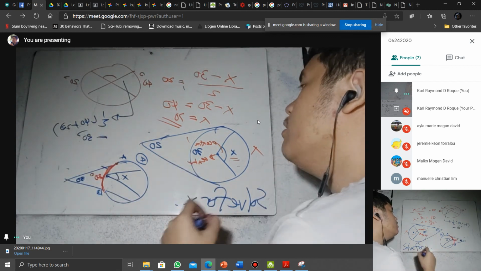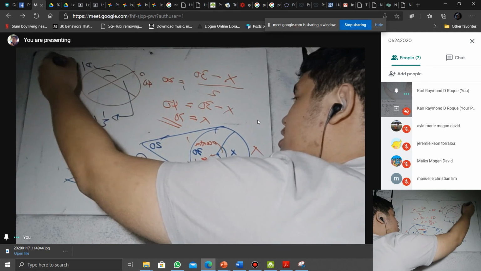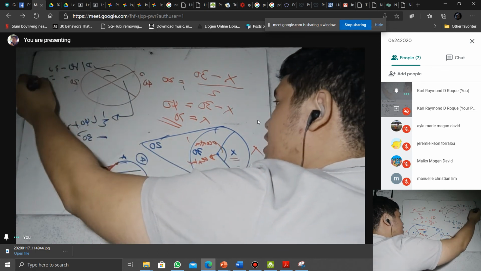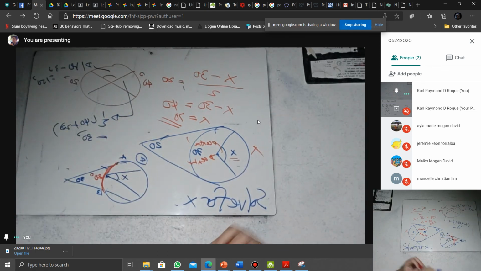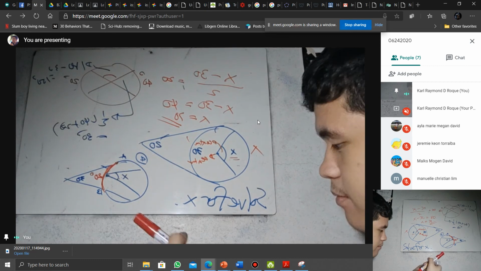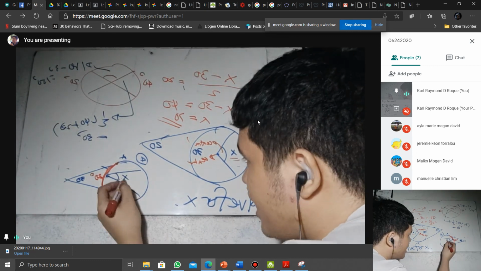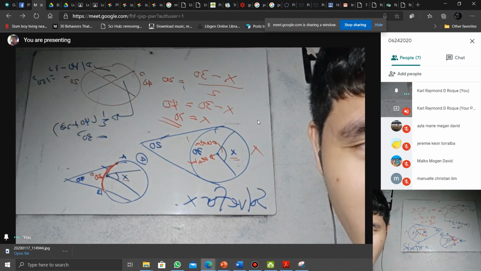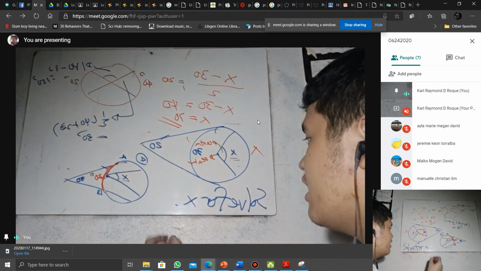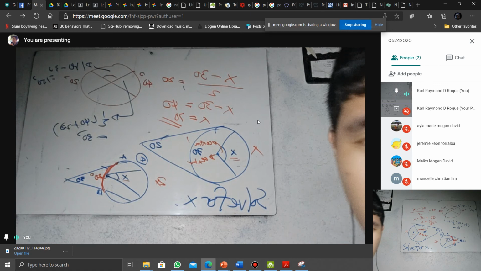Ito, 180 minus 30. 150 degrees. Last one. Ito. This one, dahil x ito, inscribed angle siya. Kasi nandito siya nakalagay. So, dapat 2x ito, kasi half ito nito.